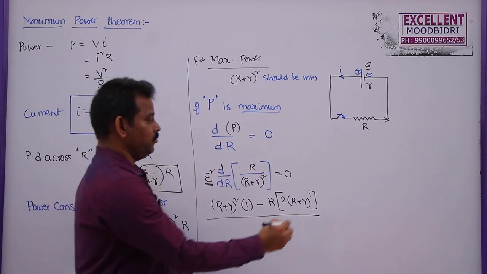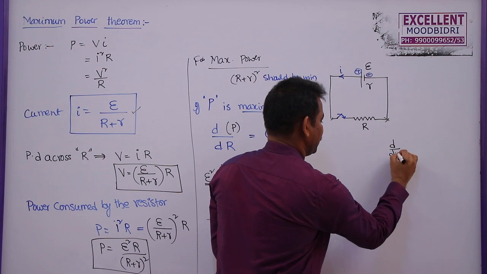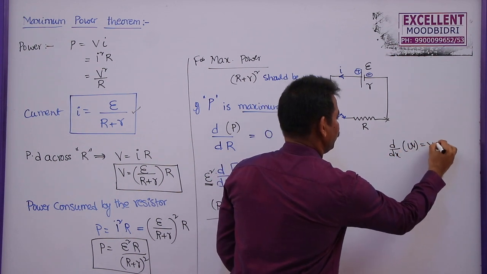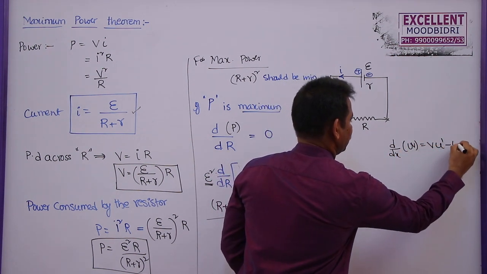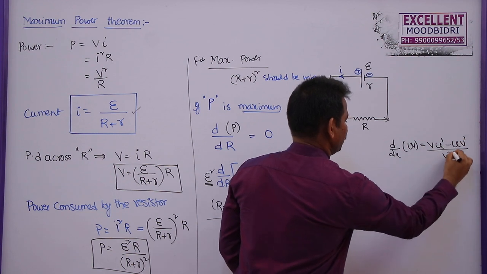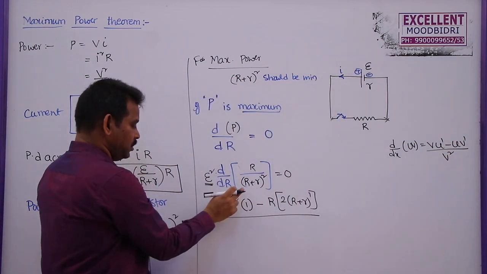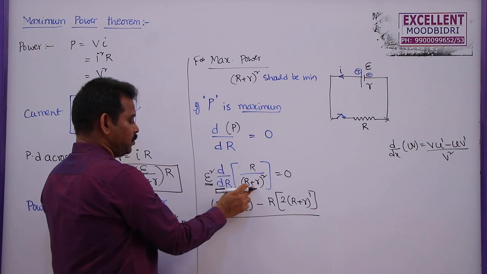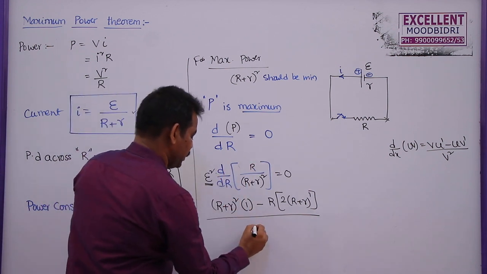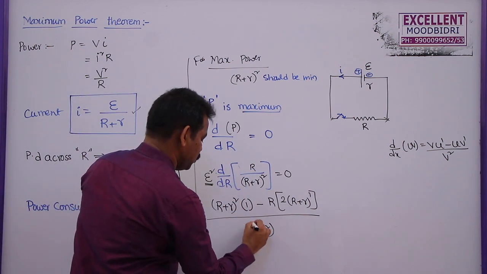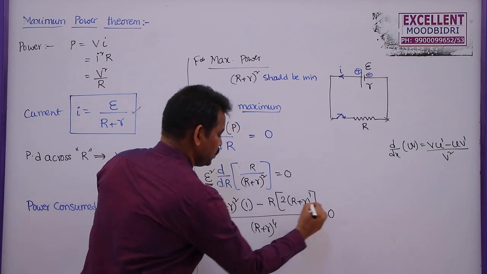We know this formula: d by dx of u by v is equal to (v into u dash minus u into v dash) by v square. So the denominator square: already the denominator is (capital R plus small r) whole square, whole square. So this becomes (R plus r) whole power 4. This must be equal to 0.